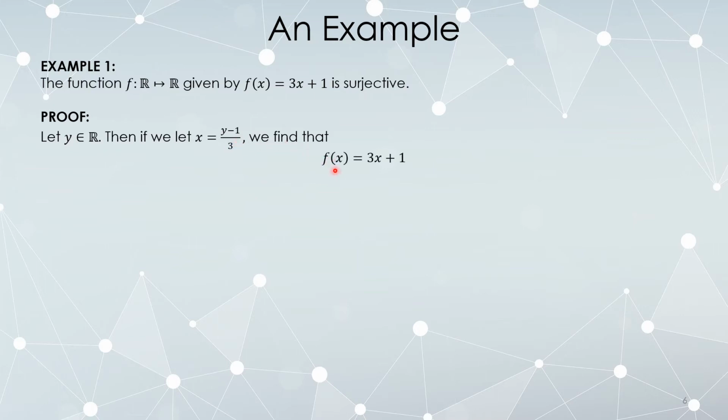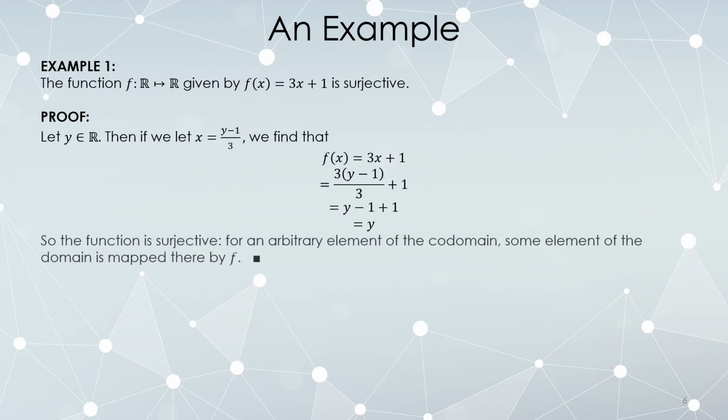Then what's f of x? It's 3x plus 1, but x, recall, was y minus 1 over 3. The 3's cancel, then the 1's cancel, and we got out y. So for an arbitrary element of the codomain, we could find a single element of the domain that got mapped to it. And that's what surjectivity is. Okay, the scratch work that I haven't really shown is you say, pick any element you want in the codomain.